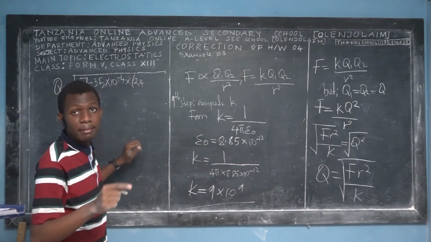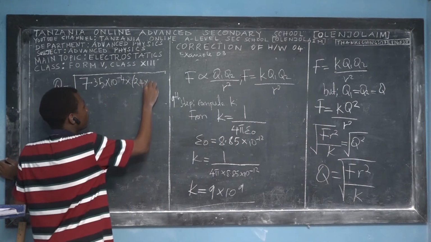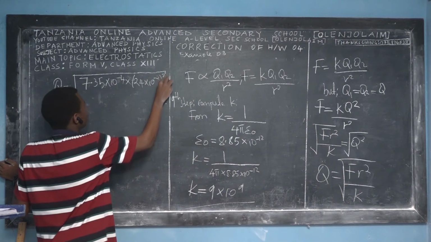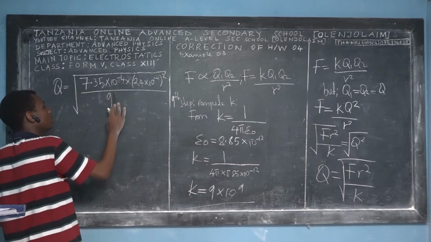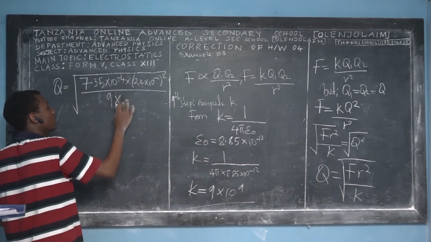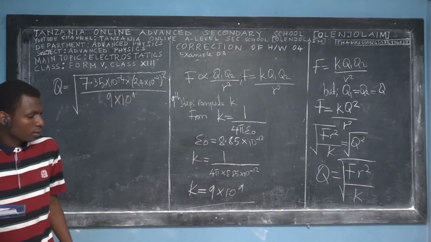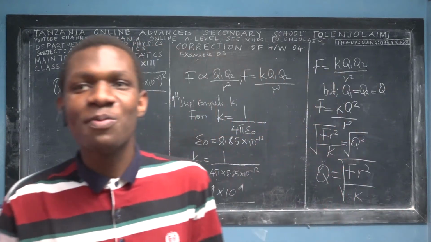You have to convert them into the system international unit, that is 24 exponent negative 2, square, over k, which is 9 exponent 9. So from here it is then the matter of computation.